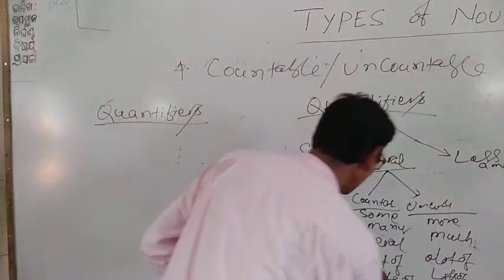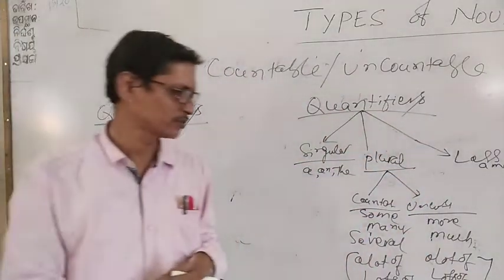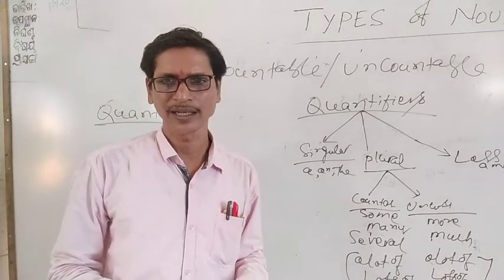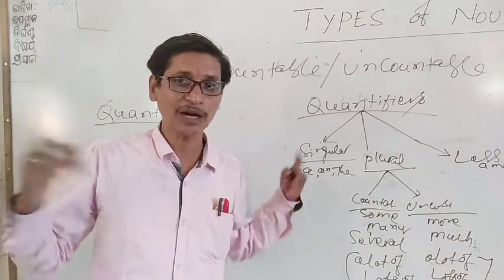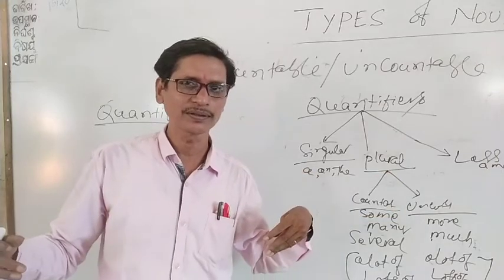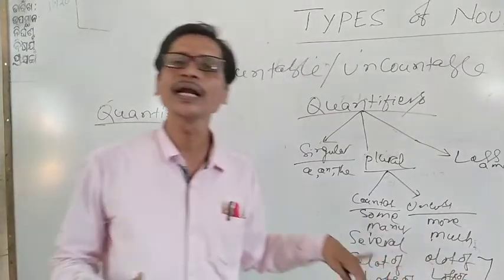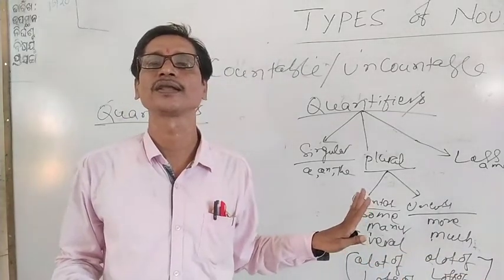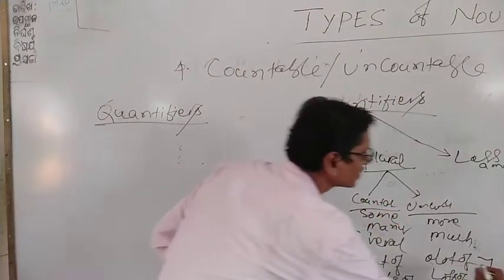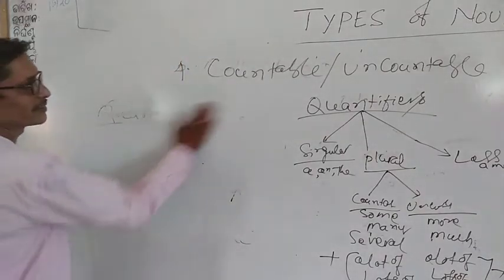Similarly, you see, a lot of is used for countable as well as uncountable nouns. For example, I have a lot of friends, which is for countable. My bottle has a lot of water, it's for uncountable. You see, a lot of is used both for countable and uncountable nouns. When will we use them? When our sentence is a positive sentence.